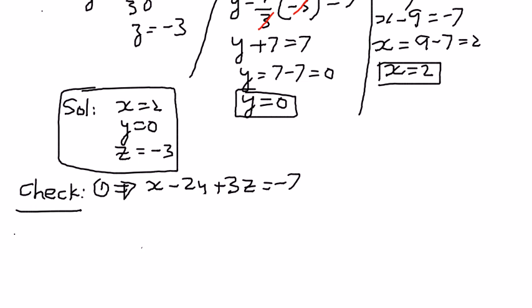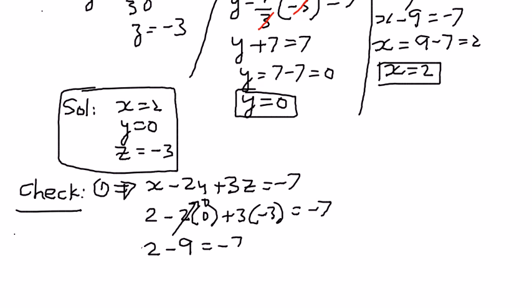Sorry about that. So the value of x is 2, the value of y is 0, 2 times 0, and the value of z is -3. And when we simplify that, that should equal -7. So 2 times 0 is 0. So 2 minus 3 times 3, which is 9, is equal to -7.